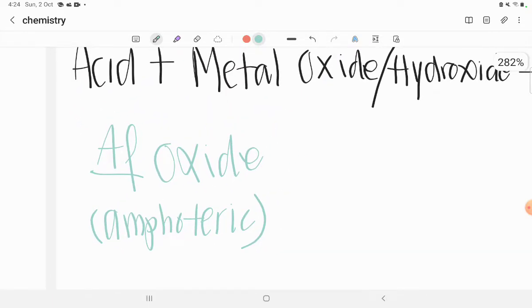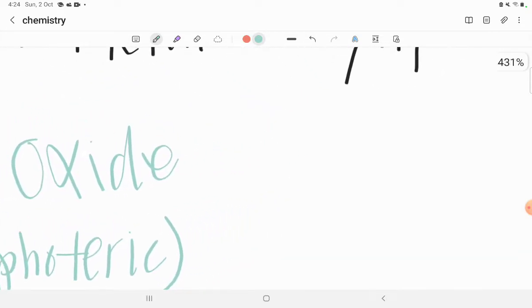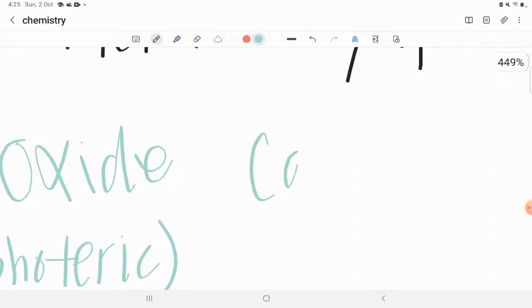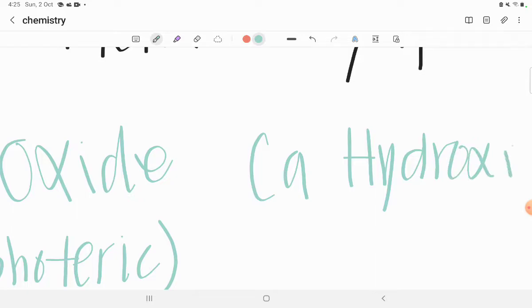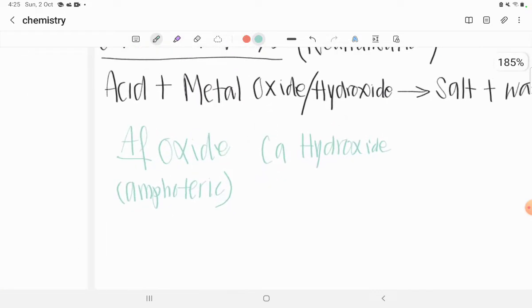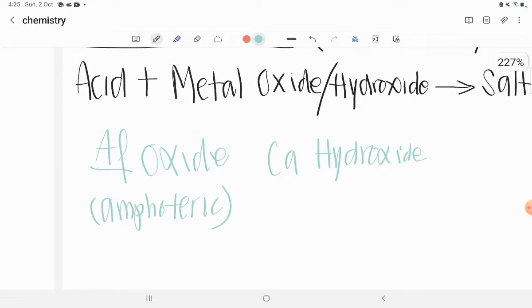How about hydroxide? We can use calcium again. Why not? Calcium hydroxide. Sorry. So these are examples of metal oxides and hydroxides.